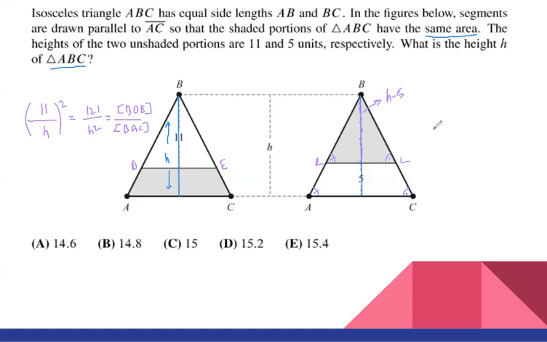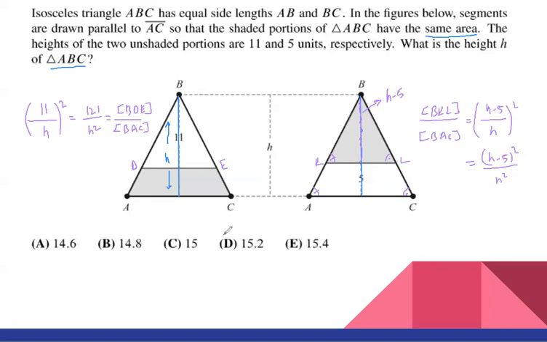And then using the same thing right here, the area of BKL divided by the area of BAC is equal to the height of this triangle, h minus 5, over the height of the ABC, h. I need to square this to find the ratio of their areas. I'm not going to expand it, but I'm going to write it as h minus 5 squared over h squared.